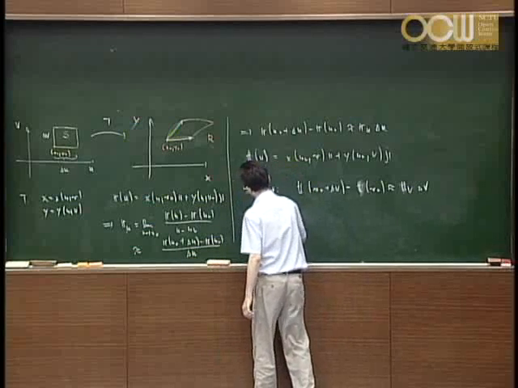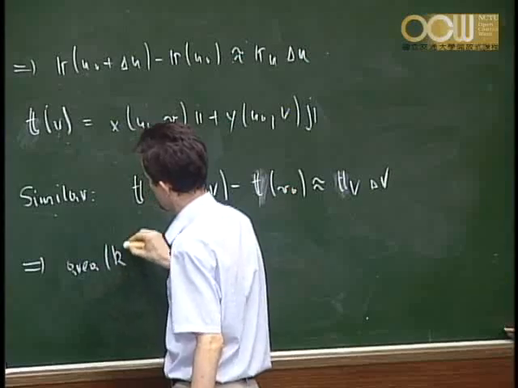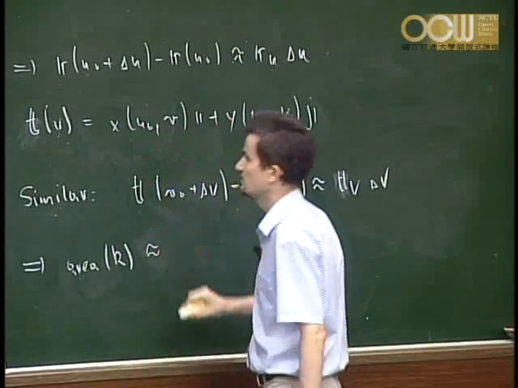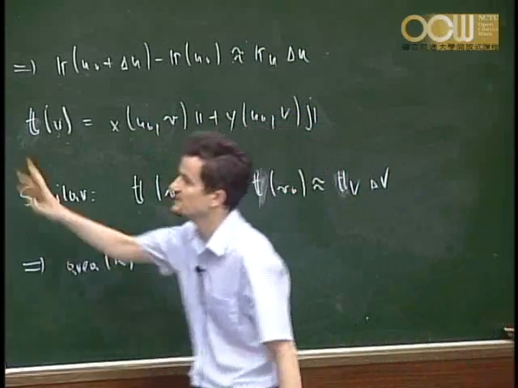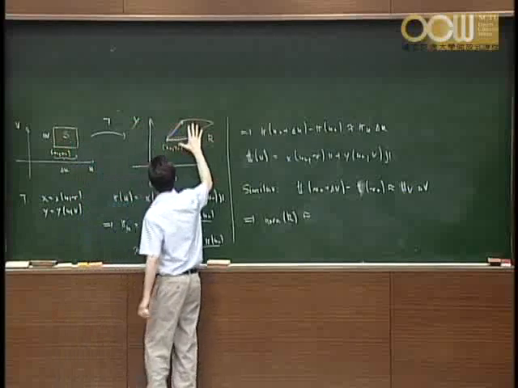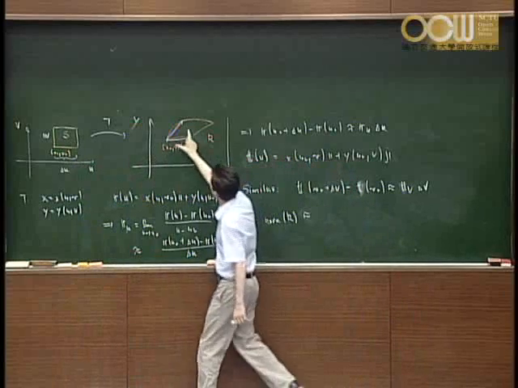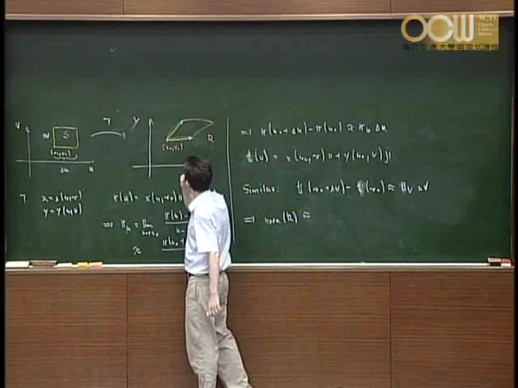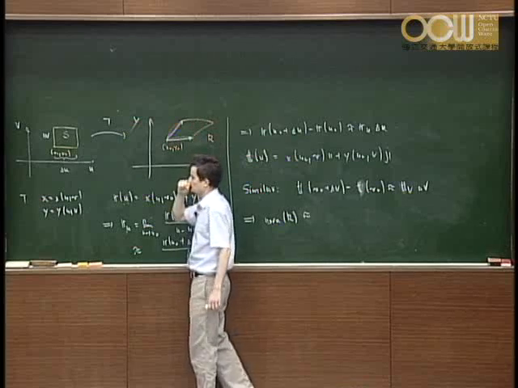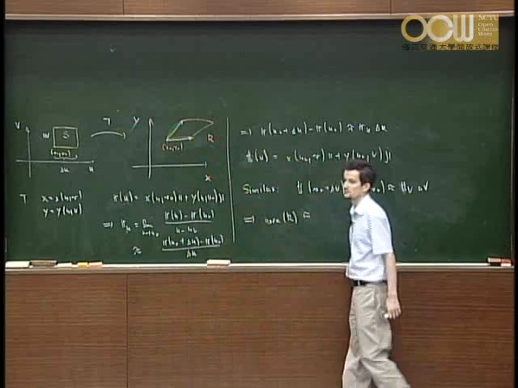Because this is very small, and this is also very small, it will more or less look like a parallelogram. If I replace R by the parallelogram spanned by those two vectors, the area will be roughly the same.